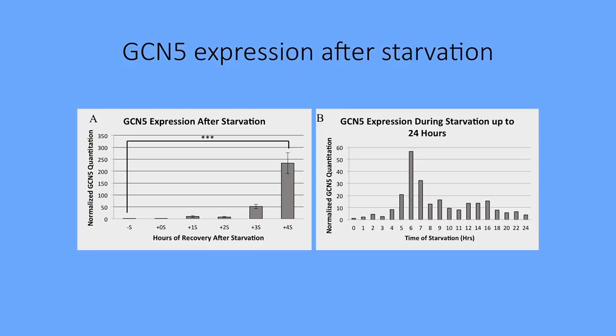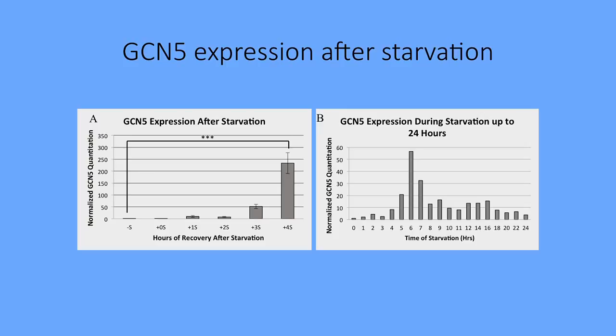Now I'm going to talk about our analysis of trying to find the regulators of repair chromatin and opening chromatin. And so first off, I just wanted to show a little bit of data of GCN5 expression.